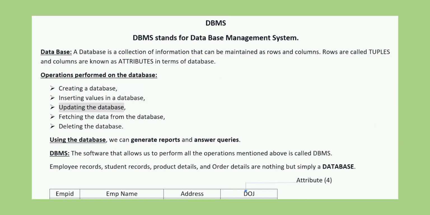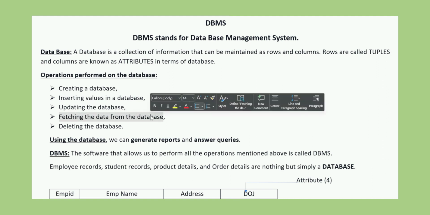Now, the fourth point is fetching the data from the database. What is the meaning of fetching here? Fetching means from the values you have already inserted in the table, we can take out any values.